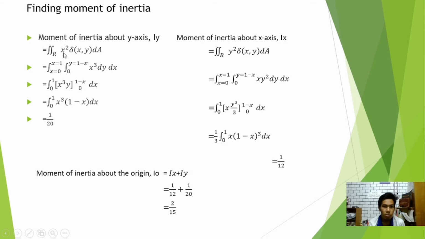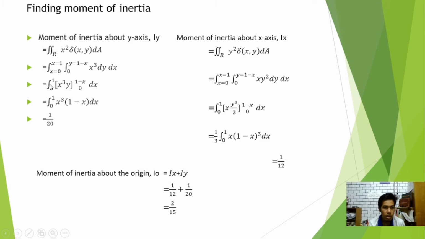Moment of inertia about the y-axis. So we use this formula: double integral of x squared delta(x, y) dA. Integrate x equals 0 to 1, y equals 0 to 1 minus x, of x to the power of 3 dy dx.